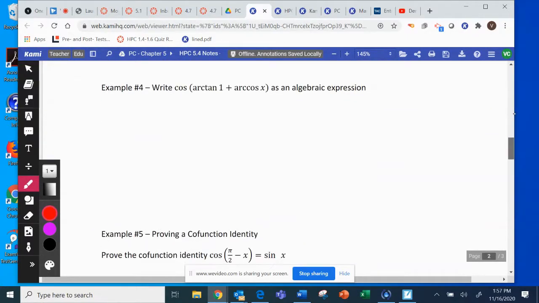All right, the next example, write cosine of arctan 1 plus arc cosine x as an algebraic expression. So we're using cosine, and it's a sum. So I'm going to use the formula from the first page that says to do cosine of the first angle times cosine of the second angle.